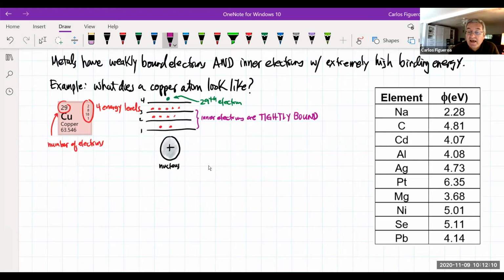You got to shine X-rays onto these things to do that. So they're tightly bound, and they stay put. So the only thing that could be ejected is the 29th electron, which is a weakly bound electron.